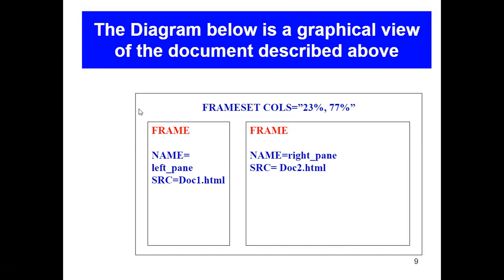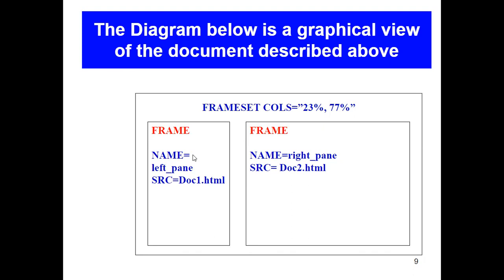This is the main frame page, the third page, and this page is divided with the frameset cols attribute into 23% and 77% of the browser window. 23% is given to the first frame and 77% is given to the second frame.